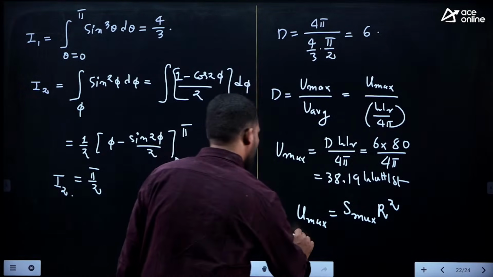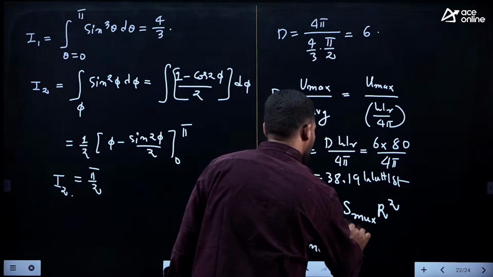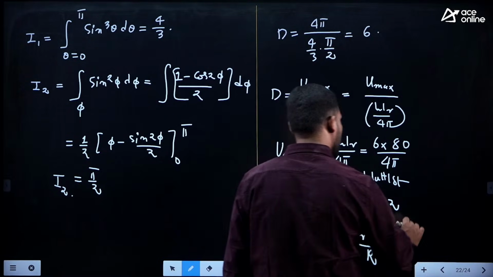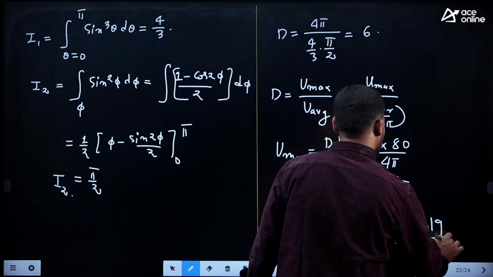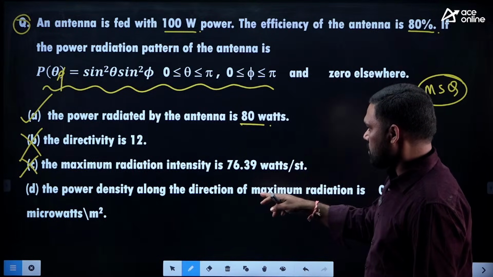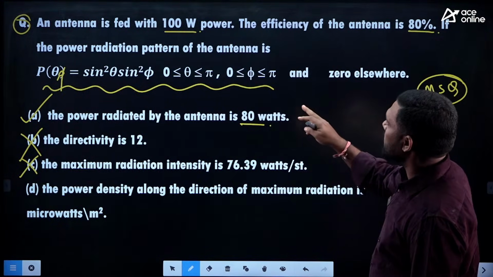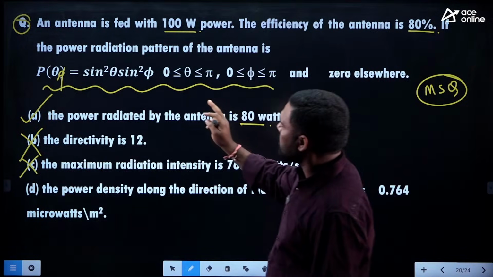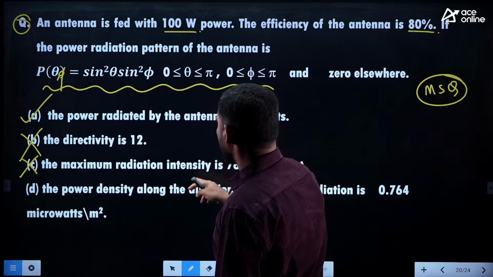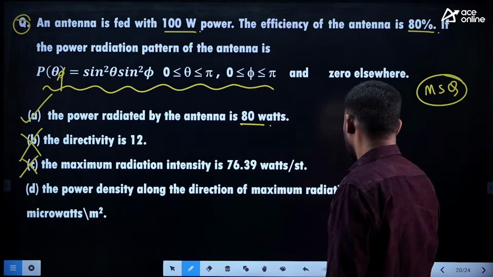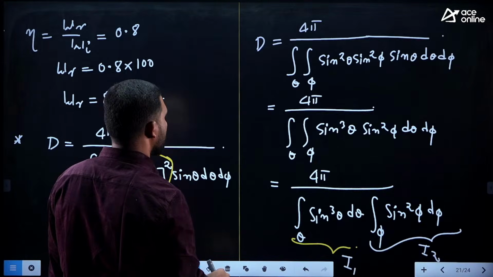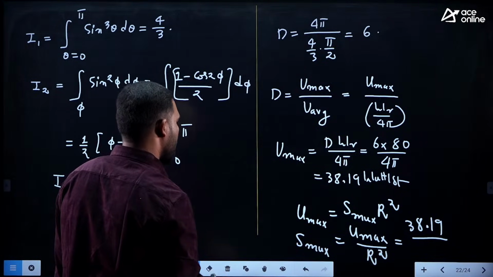So power density is equal to power intensity by R square, which is 38.19 divided by, at what distance is he asking? Did he mention any distance in the question? He has not mentioned any distance here. So the distance is required here.